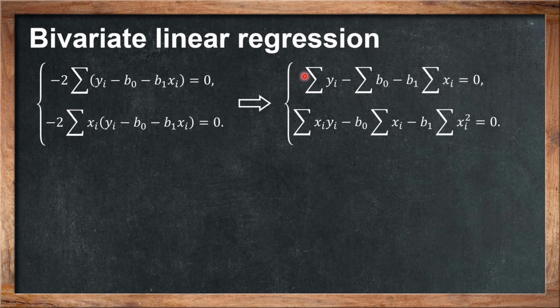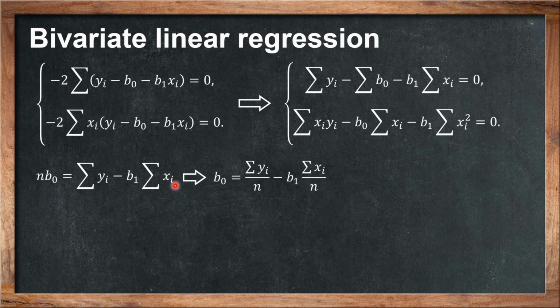And then this expression will look like this. You see, we place this term into the right part of the equation. And now we have n B0 equals sum y sub i minus B1 sum x sub i. From this equation, it's very easy to express B0. It would look like this.